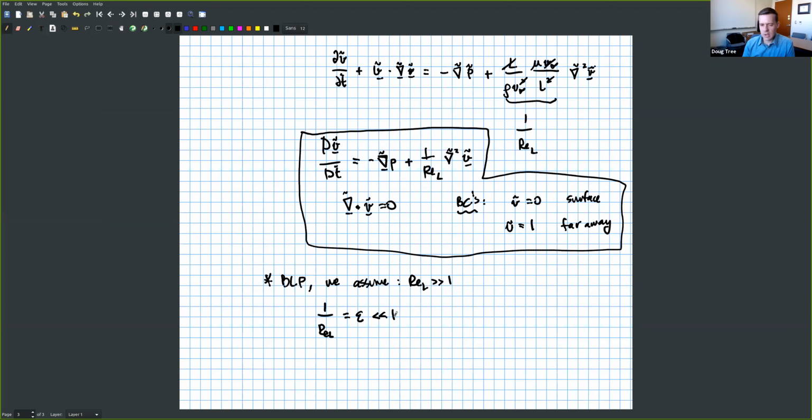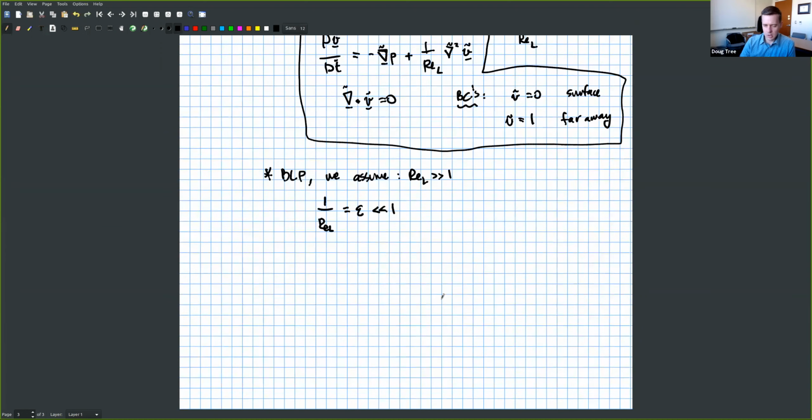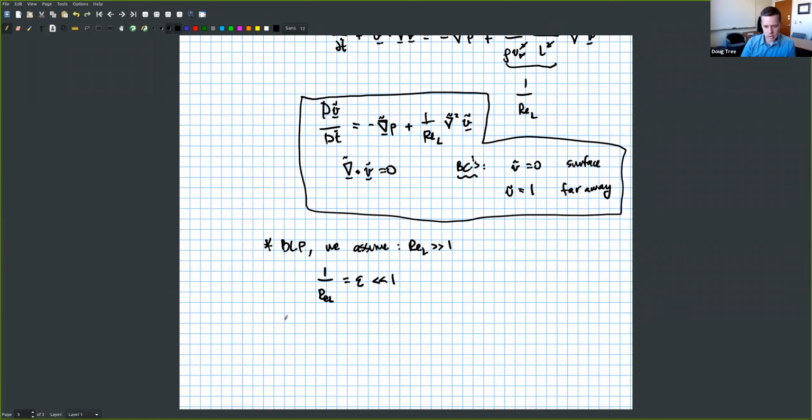Okay, and so now we can think about writing a perturbation expansion, where I write down v as epsilon to the 0 v0 plus epsilon to the 1 v1 plus etc. So I'm writing down now some asymptotic expansion in terms of 1 over the Reynolds number.